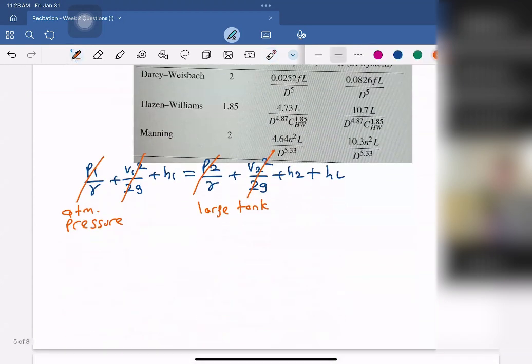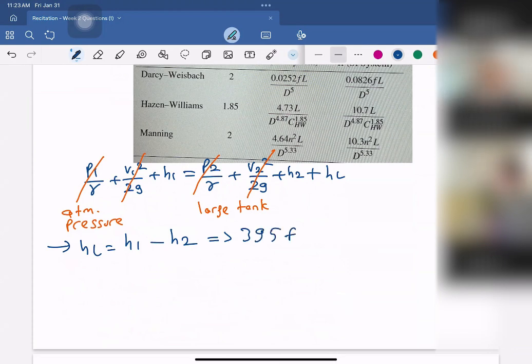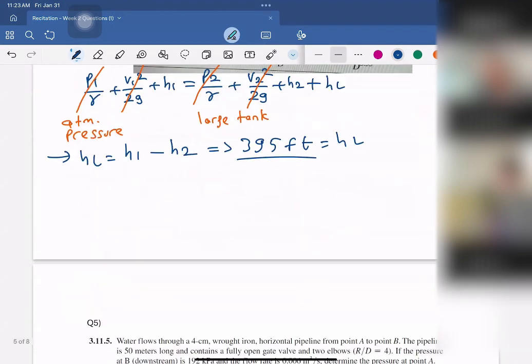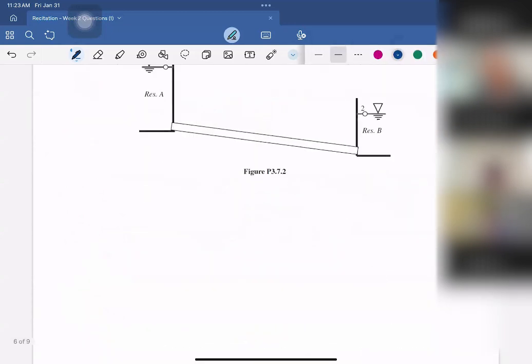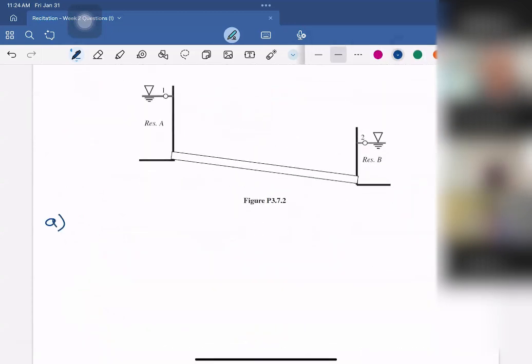So here we only have a loss which is equal to h1 minus h2, which was 395 feet, which is head loss. So in the question, let me add a page. In the question, we need to find discharge using Hazen-Williams.